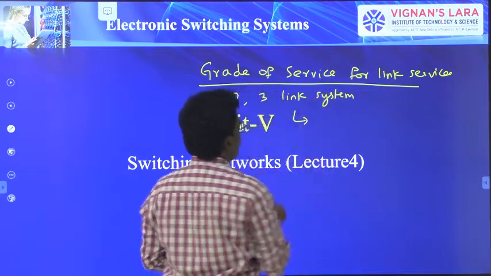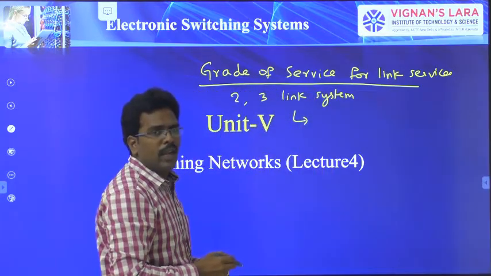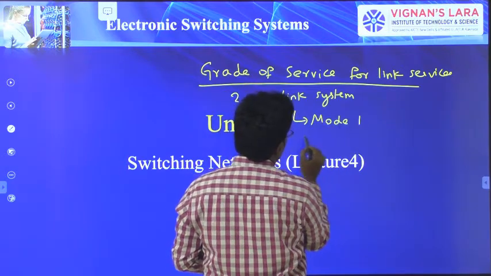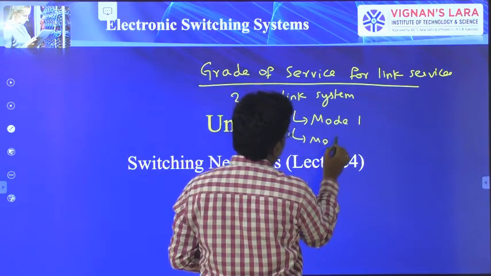So we know that already these link systems can be operated in mode 1, mode 2 and mode 3.